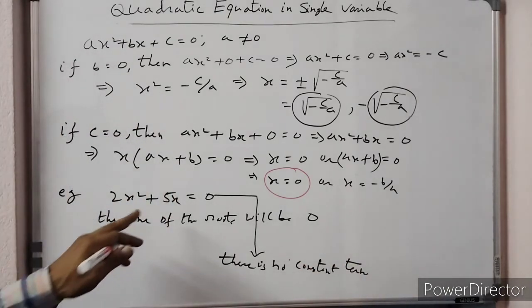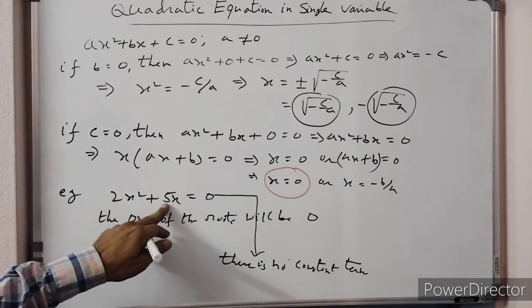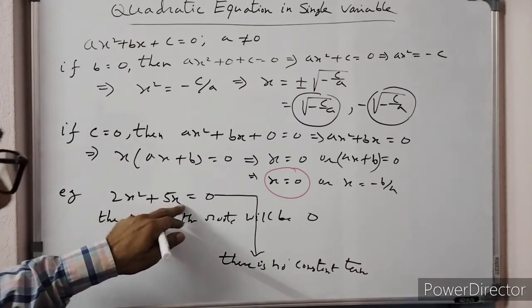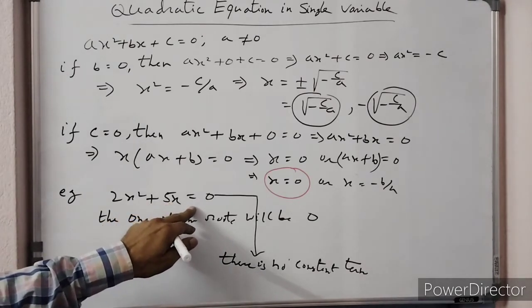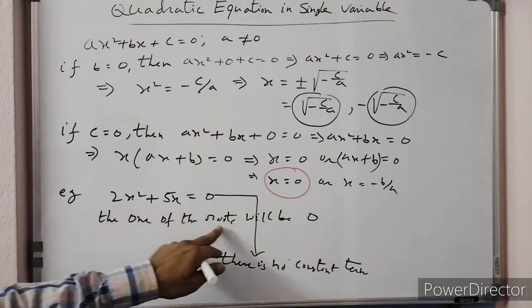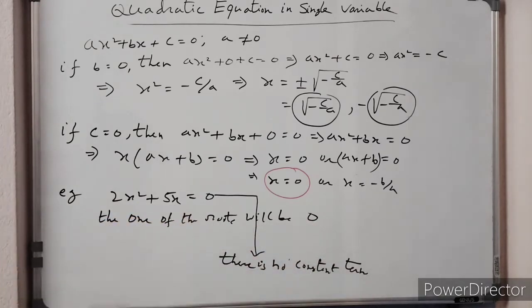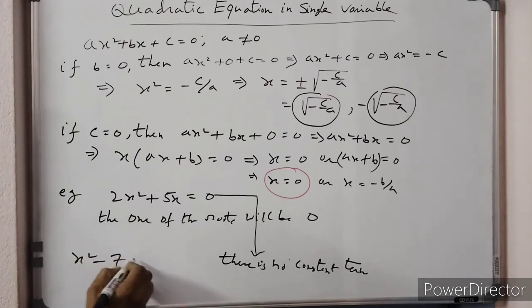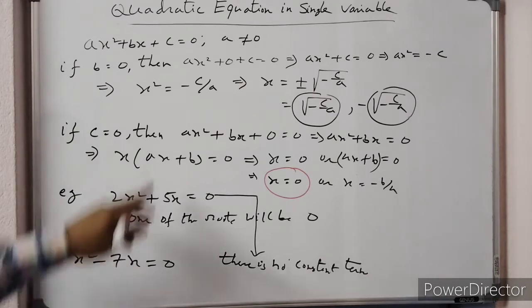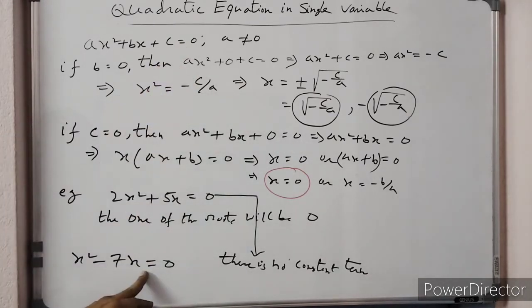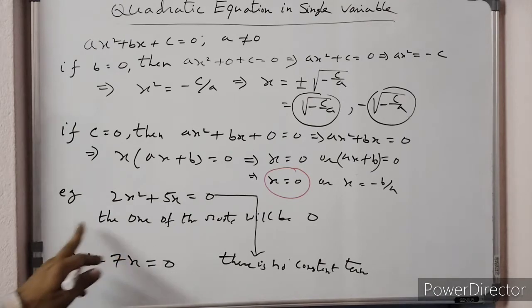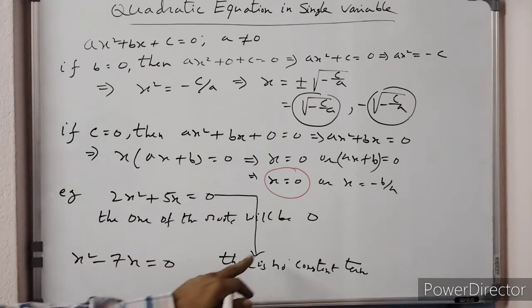So if a quadratic equation contains constant term 0, then one of the roots will be 0. As for example, another example is x square minus 7x equal to 0. Constant term 0, c equal to 0. So one of the roots of the quadratic equation will be 0.